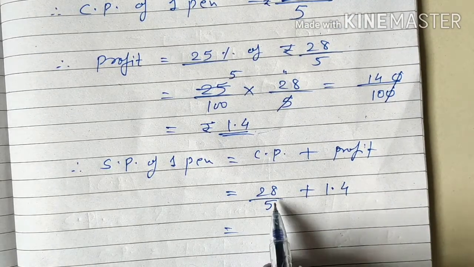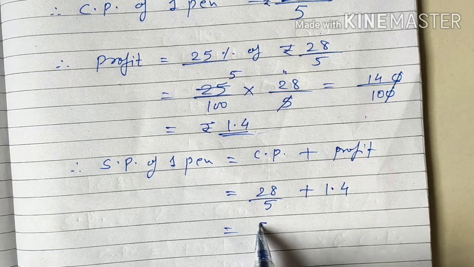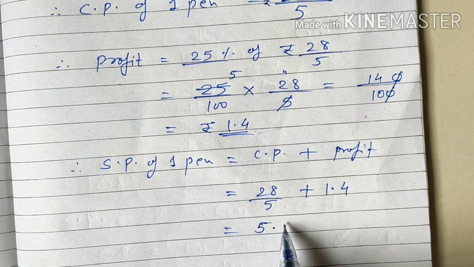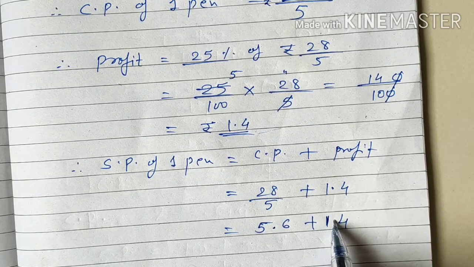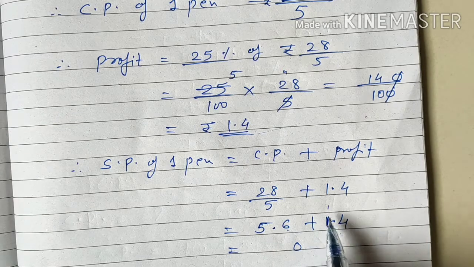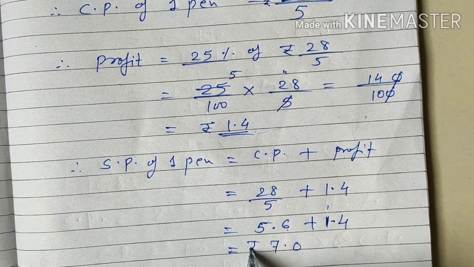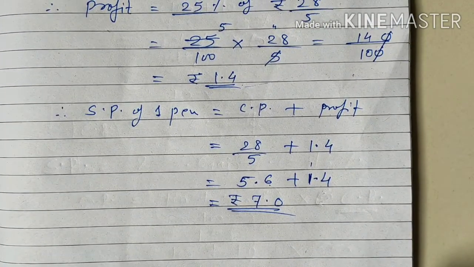So 28 upon 5 can be written as 5.6, plus 1.4. So 6 plus 4 is 10, 6, 7. So rupees 7 will be the selling price of the 1 pen.